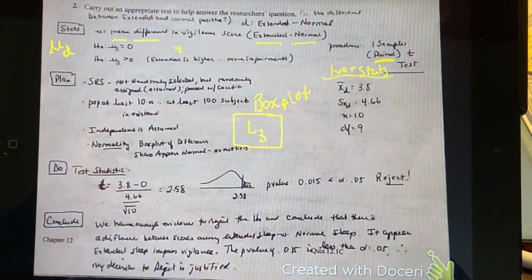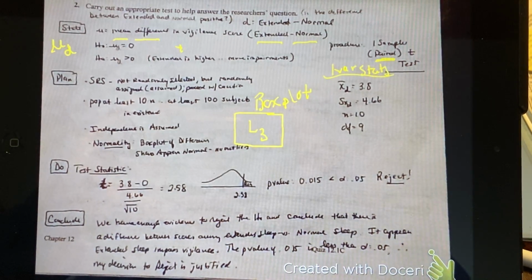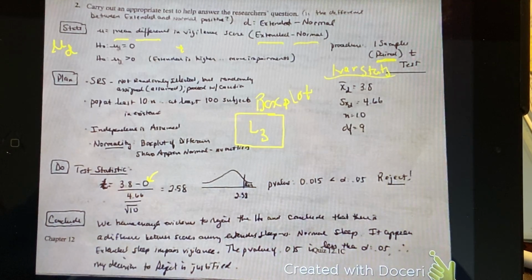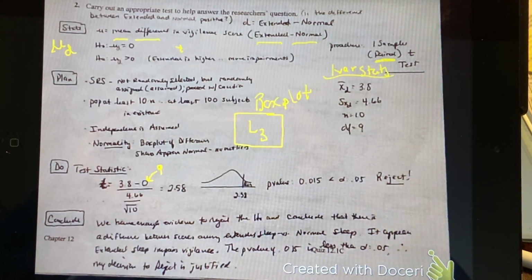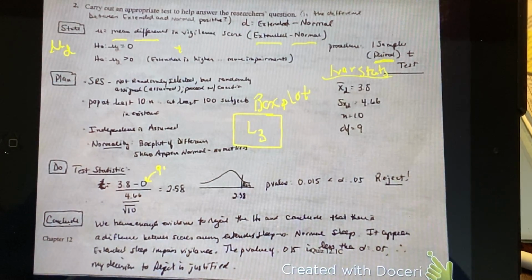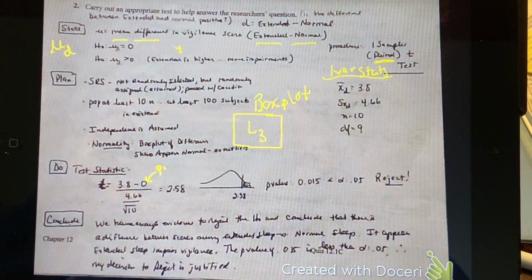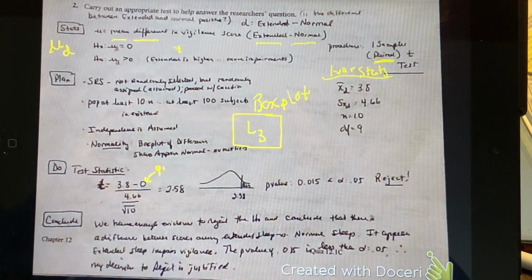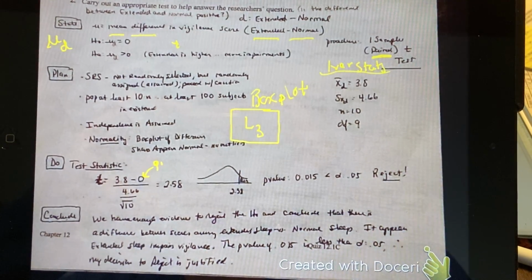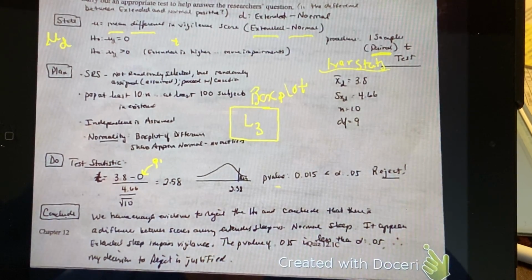And so now I proceed to my test statistic. So 3.8, and remember, there's the null hypothesis, 0, divided by 4.66 over square root of 10. So I got a t-score of 2.58. There's my sketch, and 0.015 was my p-value.